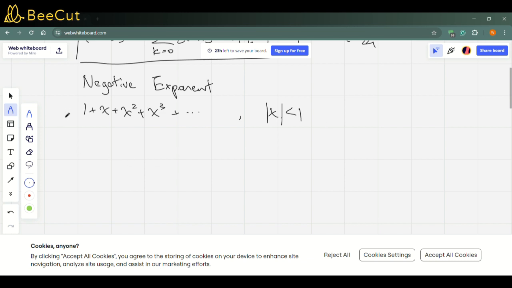If we were to let this be s, then xs would be x plus x squared plus x cubed plus x to the 4, so on and so forth. Then s minus xs would give 1, because all the terms after 1 cancel each other. Then s would equal 1 over 1 minus x.